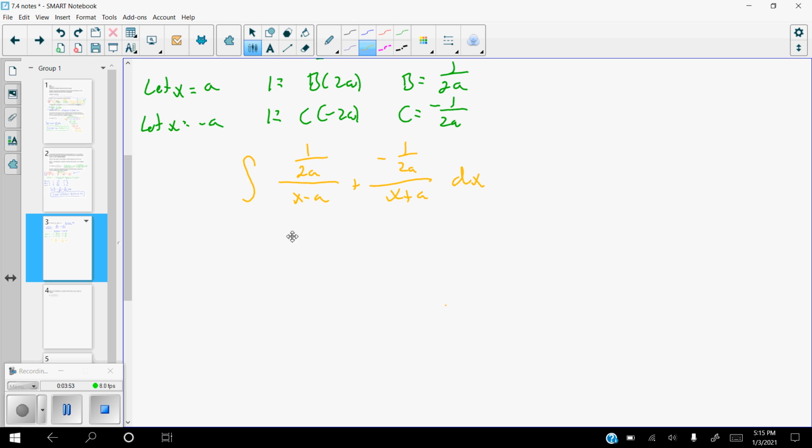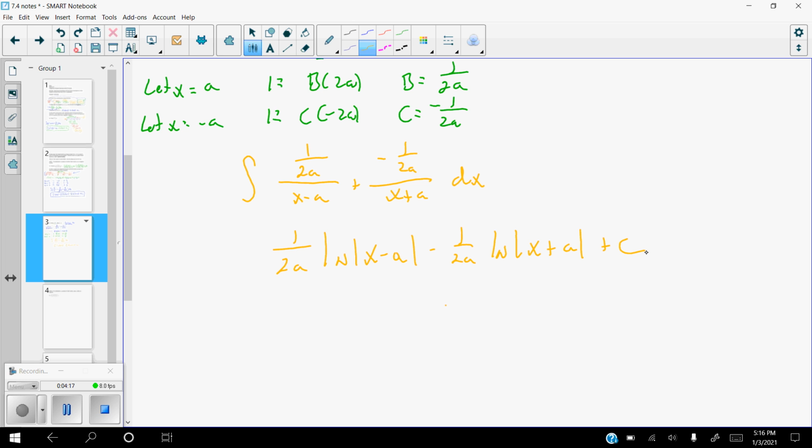So it's going to be 1 over 2a times the natural log absolute value of x minus a. Okay, that's the first one. Minus 1 over 2a natural log absolute value x plus a plus c. And that's a perfectly acceptable answer.